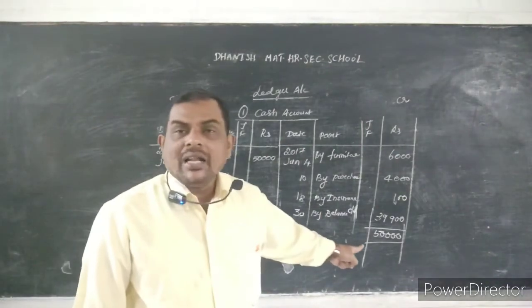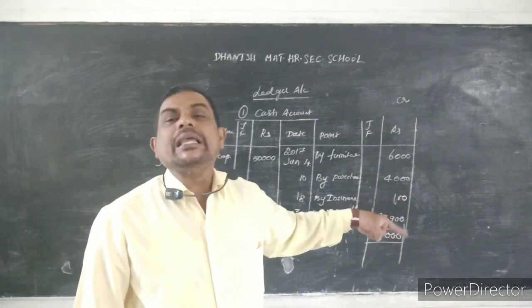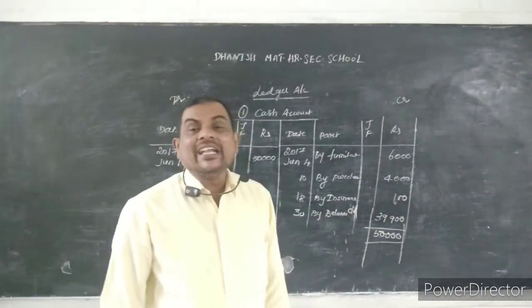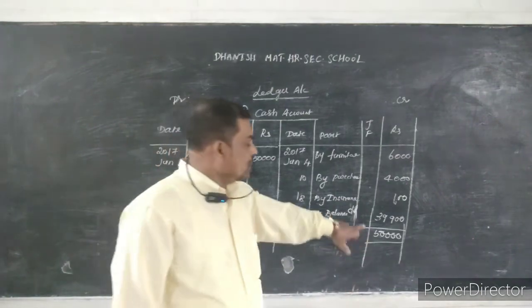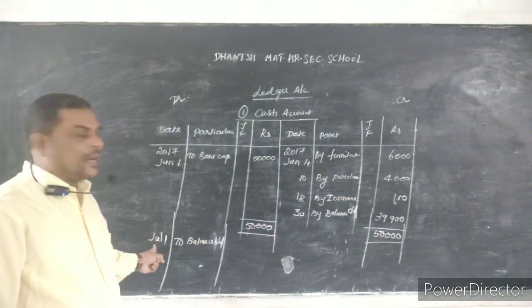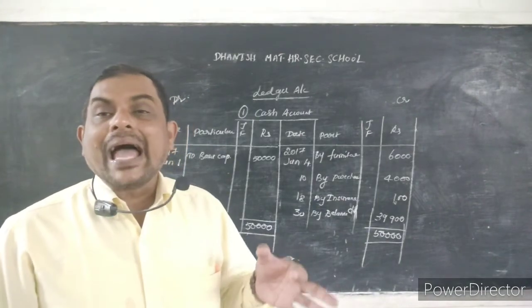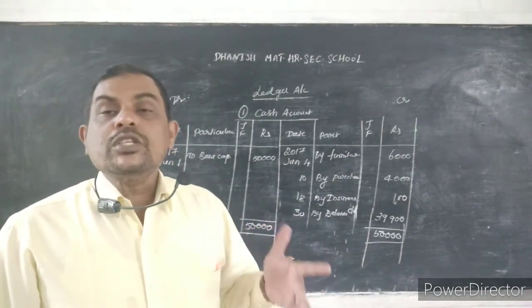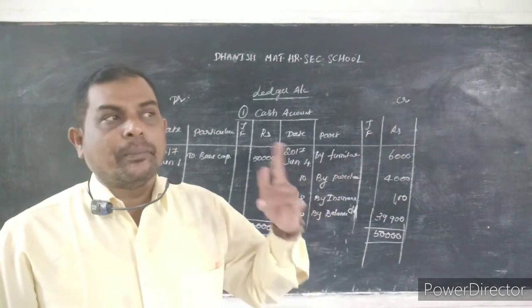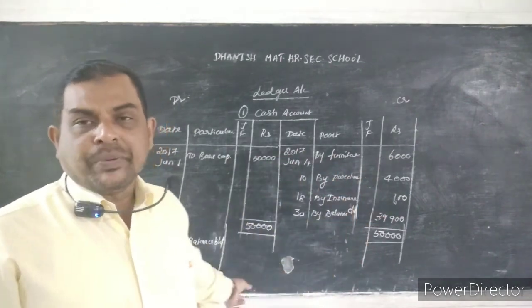Closing balance is called balance carried down, C bar D. So this closing balance will be the opening balance of the next month. When you put the opening balance, it is balance brought down. Closing balance, balance carried down. Balance C bar D, balance B bar D.